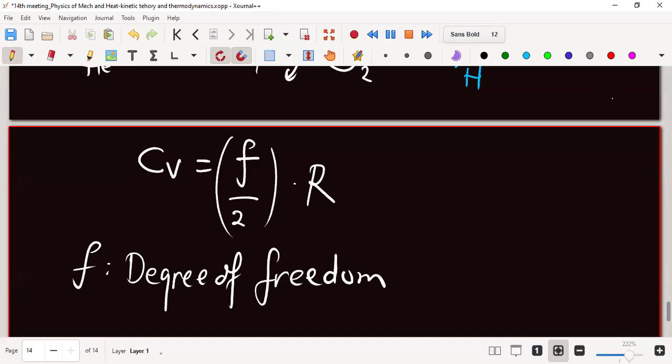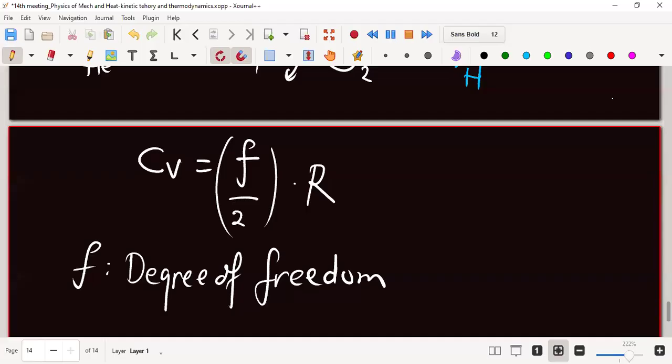Okay, a monoatomic gas only has translational motion, so the total degree of freedom is 3.